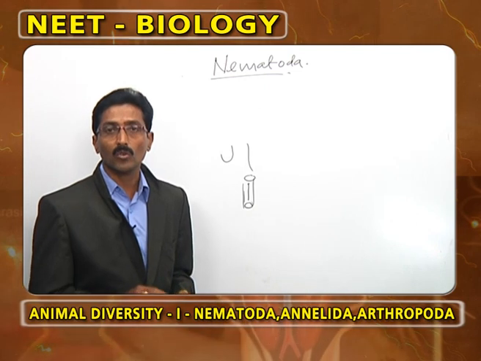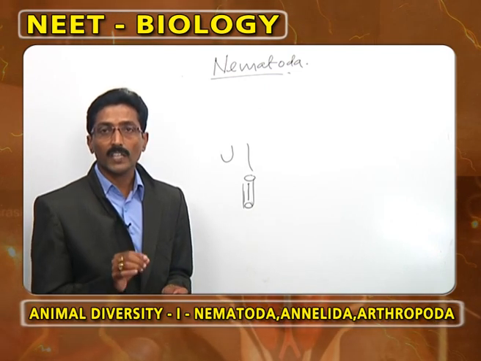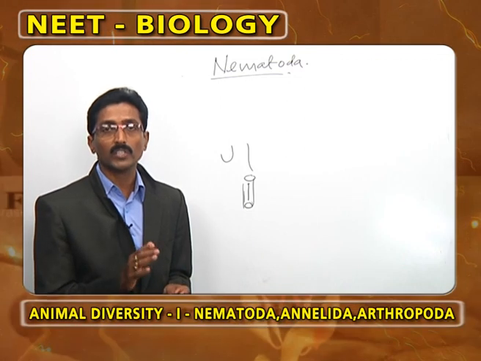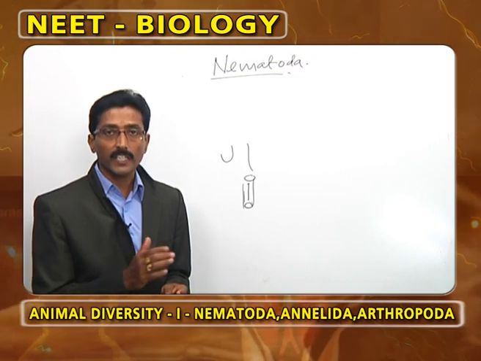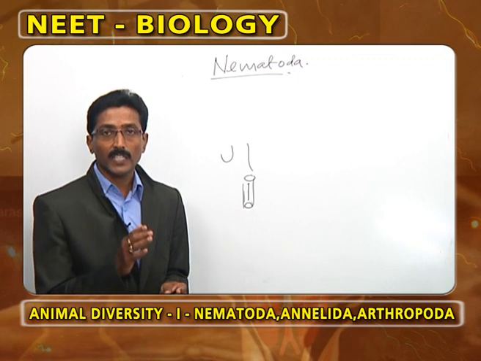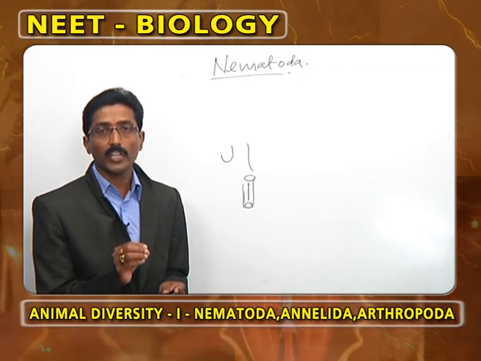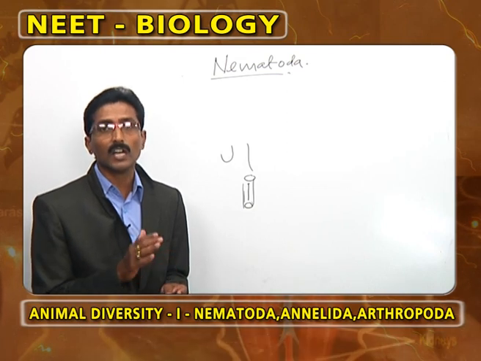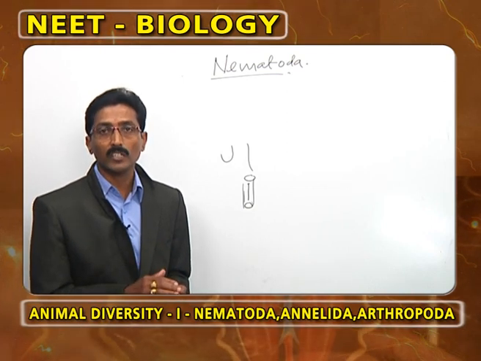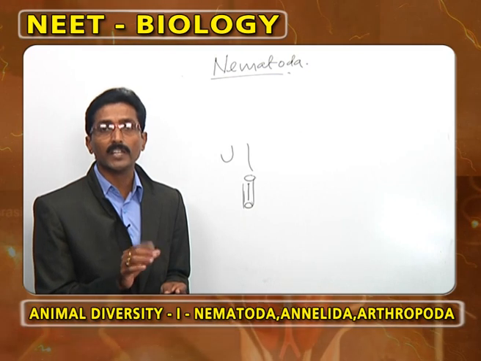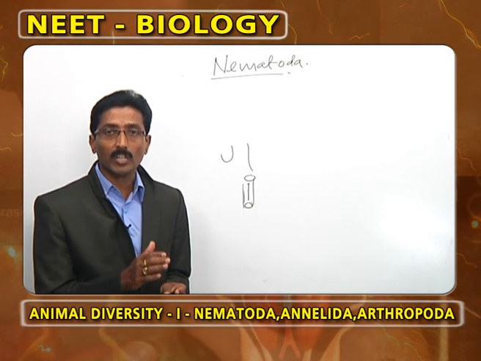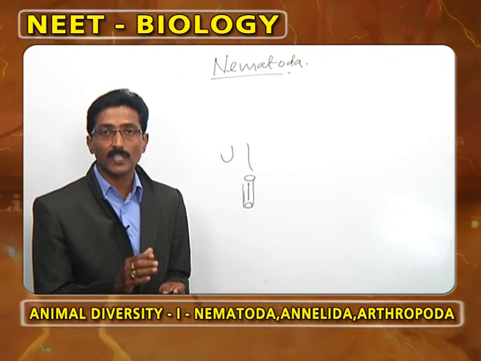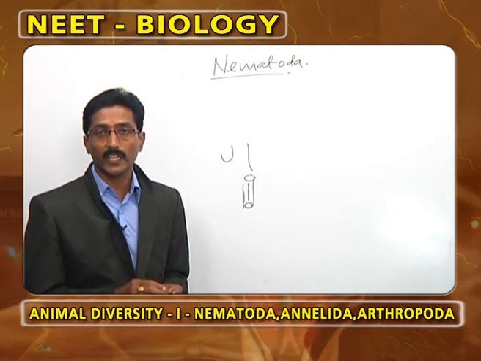From nematoda onwards, the alimentary canal has mouth and anus, whereas in platyhelminthes, in the class turbellaria, only in a few examples are mouth and anus present. But from nematoda onwards up to human being, we observe a complete alimentary canal. From the nematoda onwards, what type of organization do we observe? Tube within tube body organization.